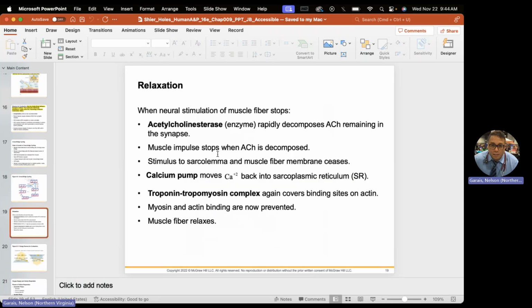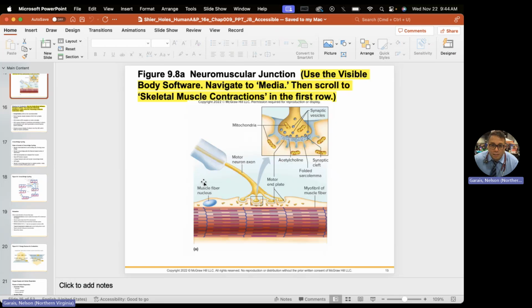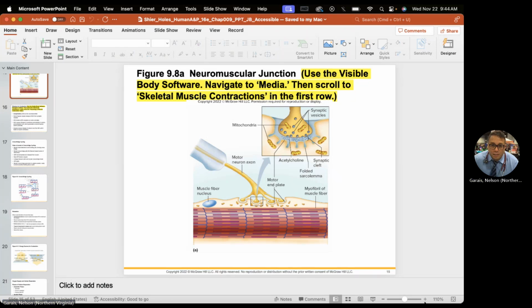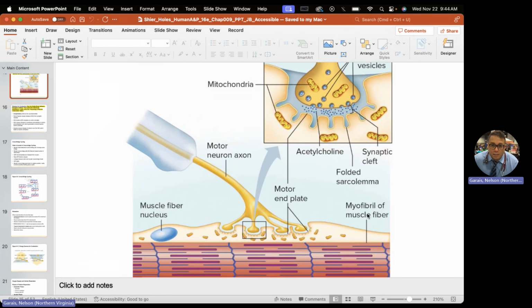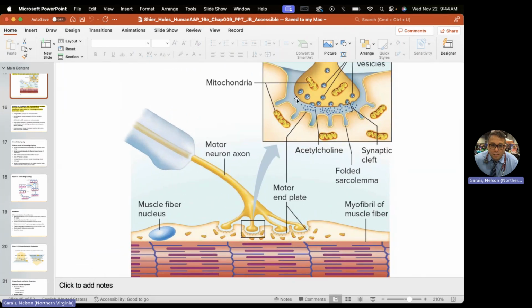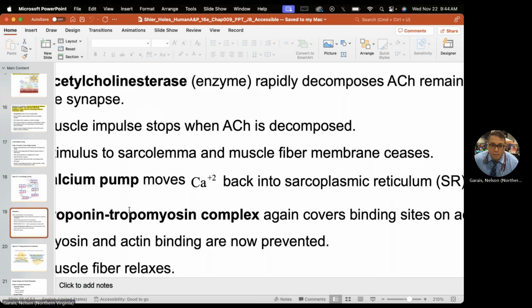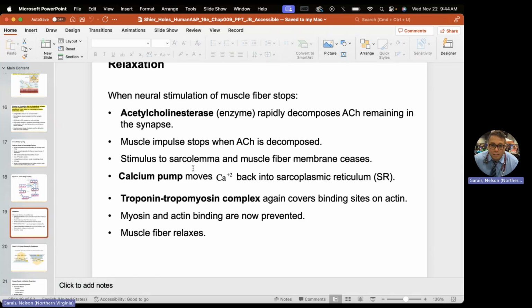Slide 19, acetylcholinesterase. Once the acetylcholine gets used up in this area, it gets broken down and then recycled back in for the next impulse, and that's acetylcholinesterase right there.